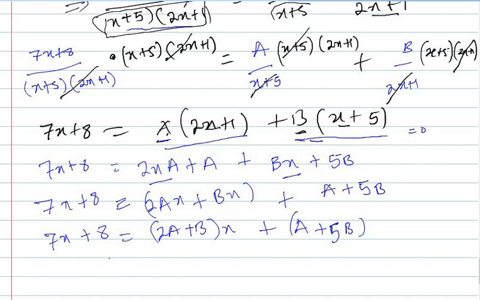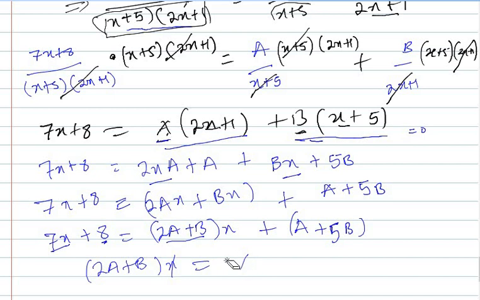So we can compare: the x terms should be equal, and for the constant term this should be equal to this. So you can use simultaneous equations. For the coefficient of x, 2a plus b is equal to 7x, so x goes with x.